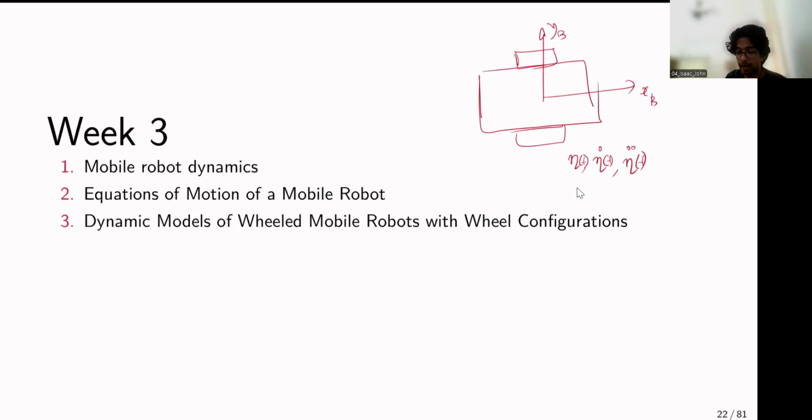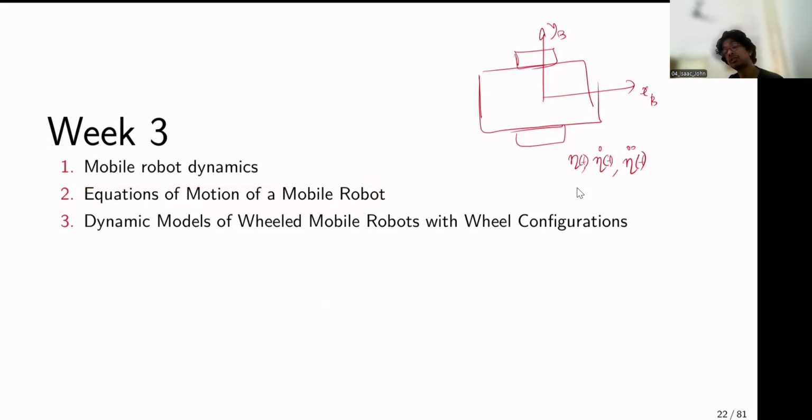To derive these governing equations, you need to know what the forces acting on a wheeled mobile robot are, and how these forces interact with the mobile robot to cause the motion or the change of state of the mobile robot. So the main challenge is actually to derive the equations of motion of a mobile robot.